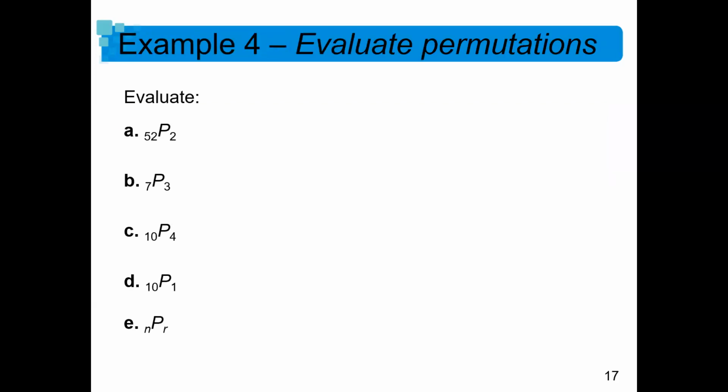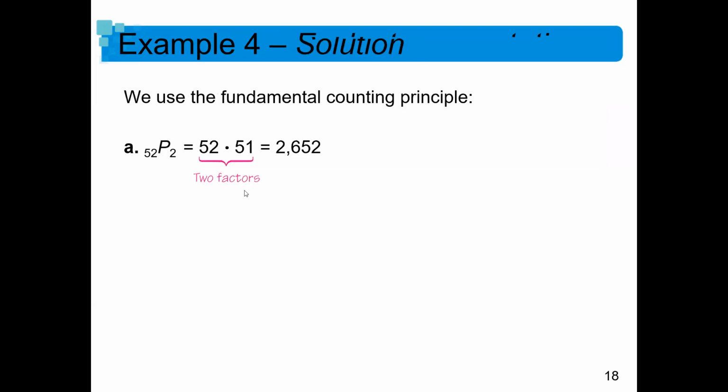How about this? For example, I'll evaluate 52P2: from a set of 52 elements, we take an ordered pair, and the order matters. To do this, we use the fundamental counting principle. So why is this?